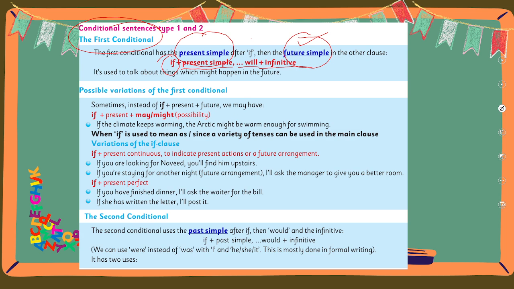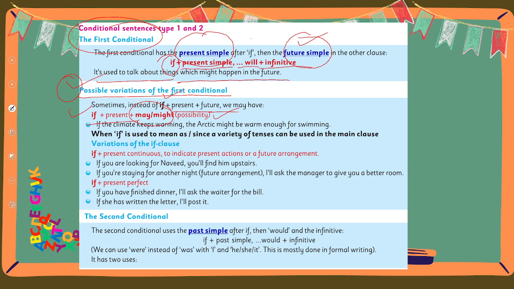Now, why do we use it? We use it to talk about things which might happen in the future. Now, there are some variations of the first conditional. Sometimes, instead of just using "if" plus present plus future, we can also use this variation: "if" plus present plus "may" or "might," that shows possibility of something. It means there is a possibility but not certainty.